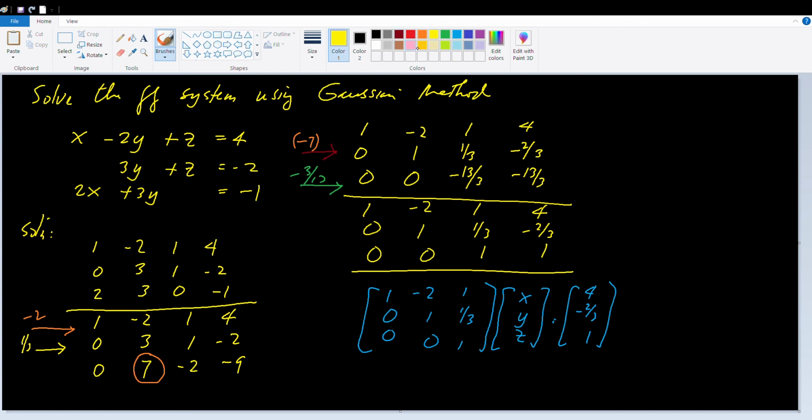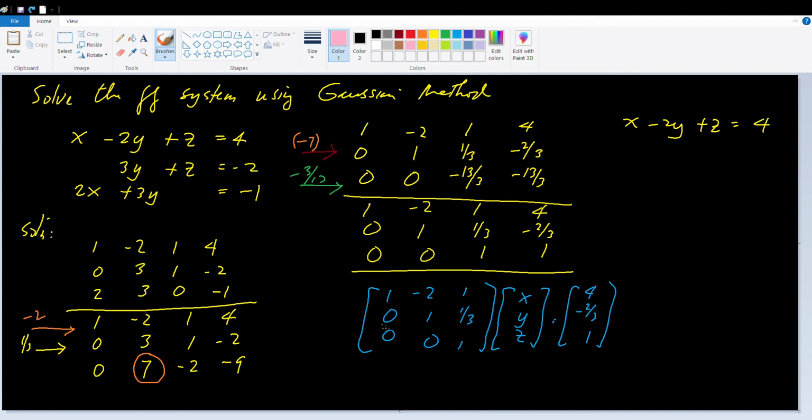We multiply the first row to the column of the unknowns, x, y, and z. So we'll be getting 1x minus 2y plus z. Okay? That will be x minus 2y plus z equal to 4. Then second row, multiply to x, y, z.